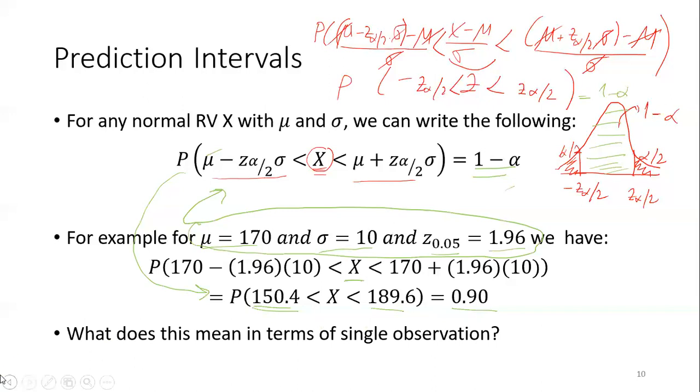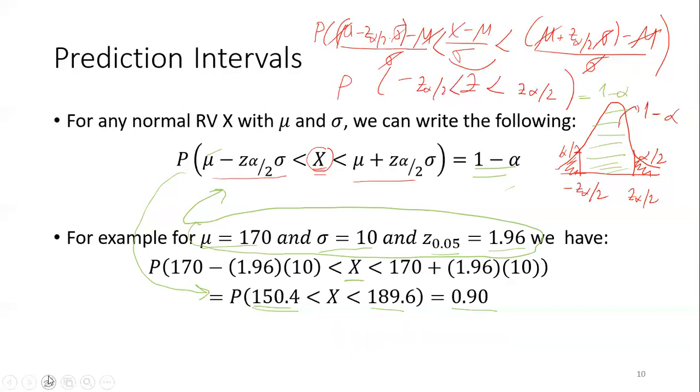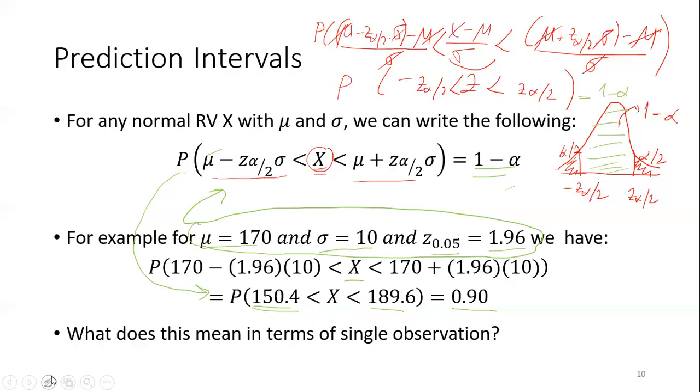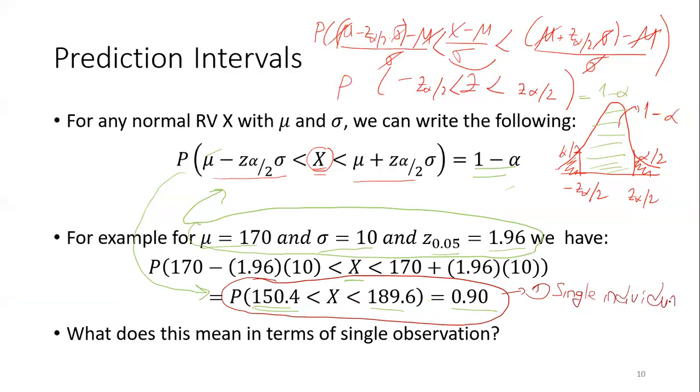So let me ask you this. What does this probability mean? Well, this probability has two meanings. The first meaning is in terms of a single observation, a single individual. The second is in terms of the population.